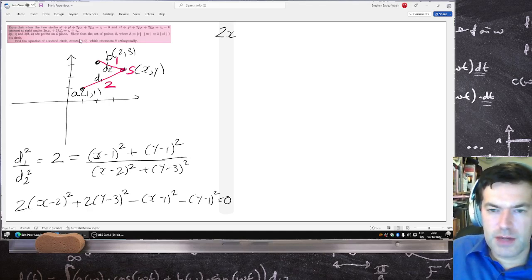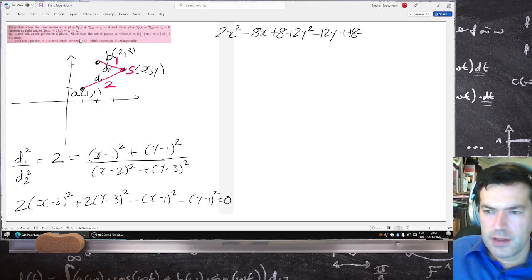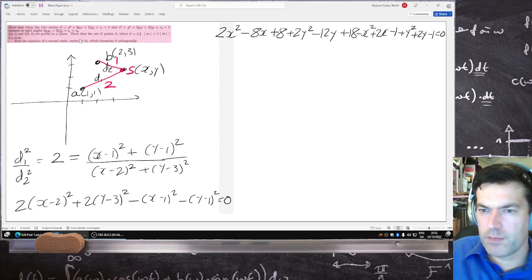So that's 2x squared minus 8x plus 8 plus 2y squared minus 12y plus 18 minus x squared plus 2x minus 1 plus y squared plus 2y minus 1 equals 0.